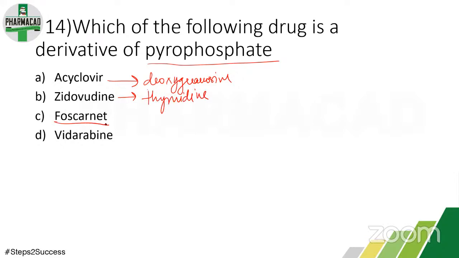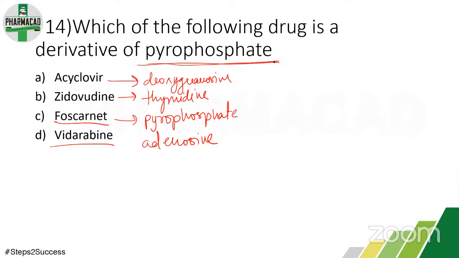Foscarnet is the analog of pyrophosphate, and vidarabine is the analog of adenosine. They are asking about the pyrophosphate analog, so the answer is option C, foscarnet.